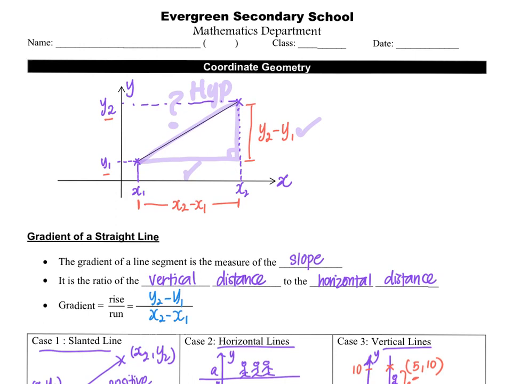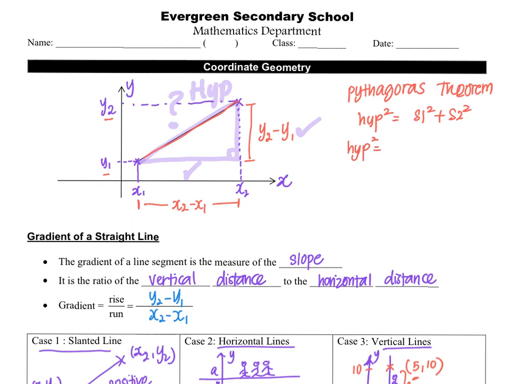The Pythagoras theorem says the hypotenuse square is equals to side 1 square plus side 2 square. In this case, if I want to find the length of this line segment, this is actually the hypotenuse, right?